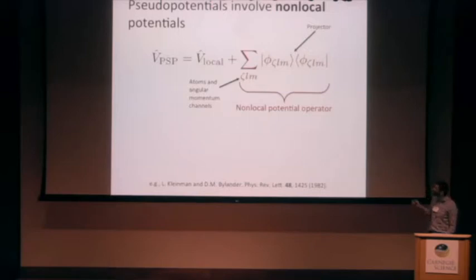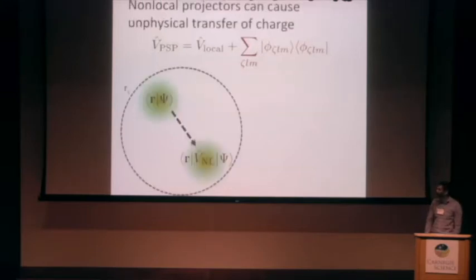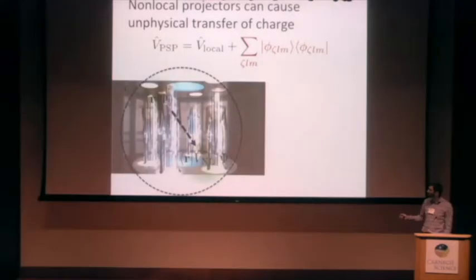These non-local operators cause a lot of problems for a physical interpretation of current density. If you apply a non-local operator to a wave function, you can have unphysical and discontinuous motions of charges, where charge can teleport to different places within the cutoff radius. This kind of charge teleportation is allowed in Star Trek, but it's not allowed in physics.